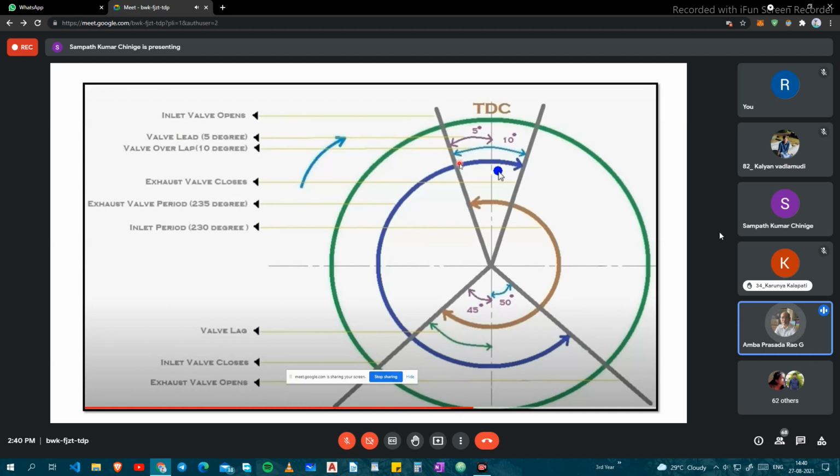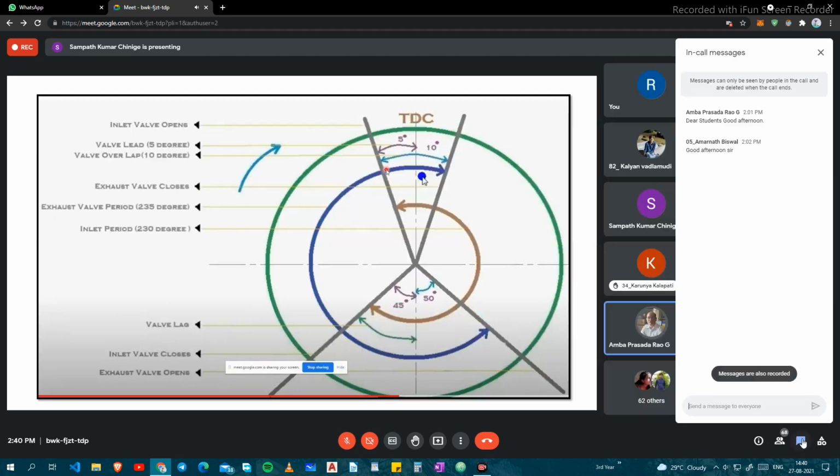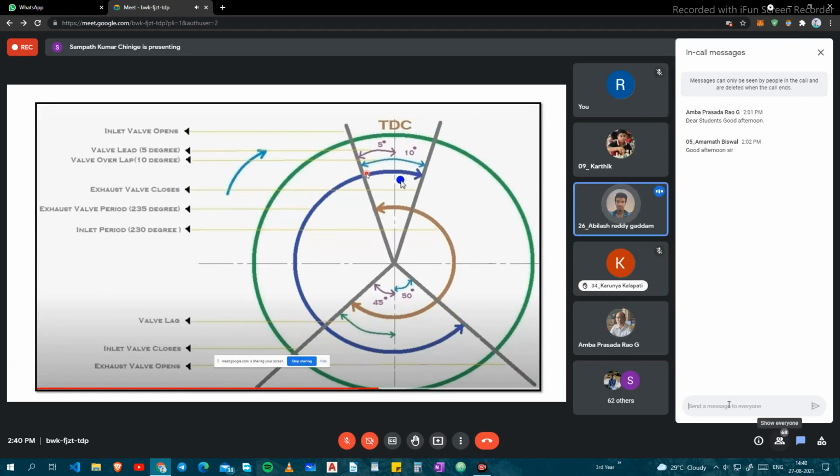So 720 by 6000, how much? 0.12. So 0.12 seconds will be taken by the engine for one cycle, provided the engine speed is 1000 RPM only.